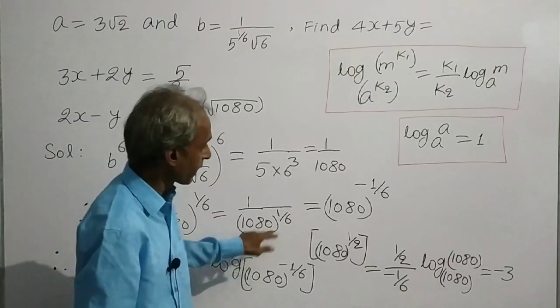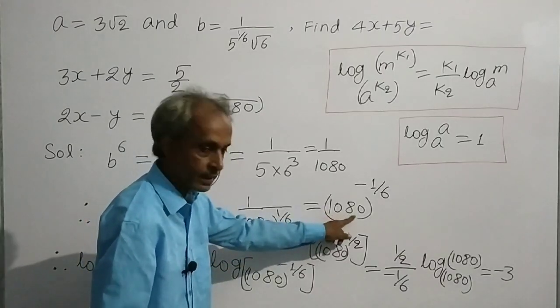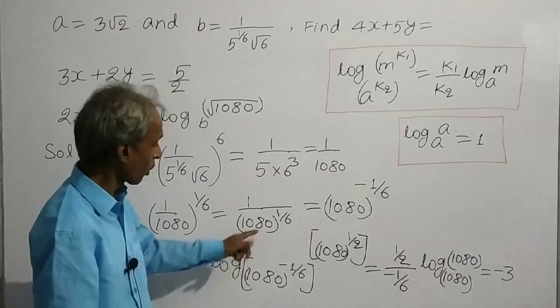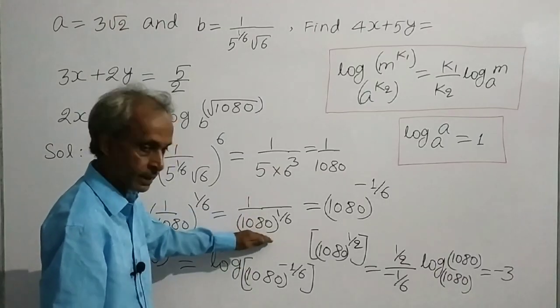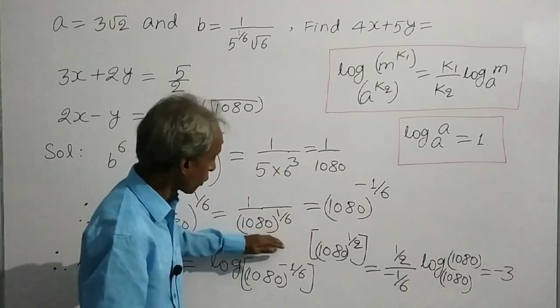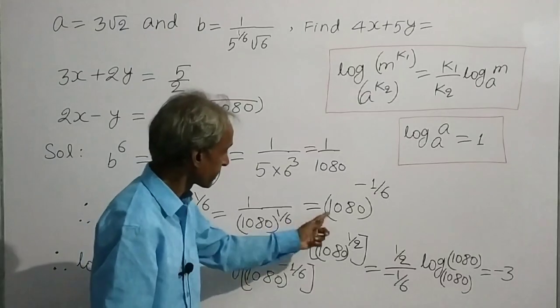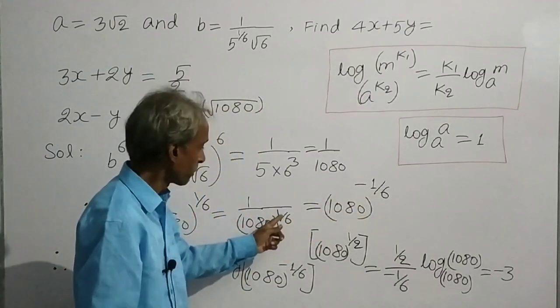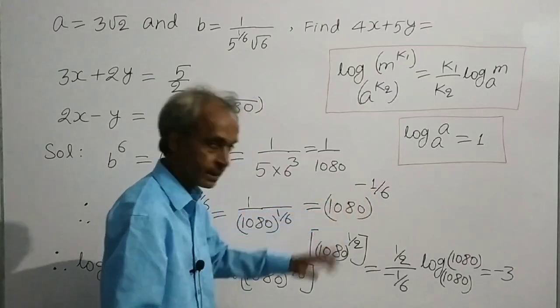This can be written as 1080 to the power minus 1 by 6 because this is in the denominator. Therefore, we can write this by prefixing minus sign before 1 by 6.